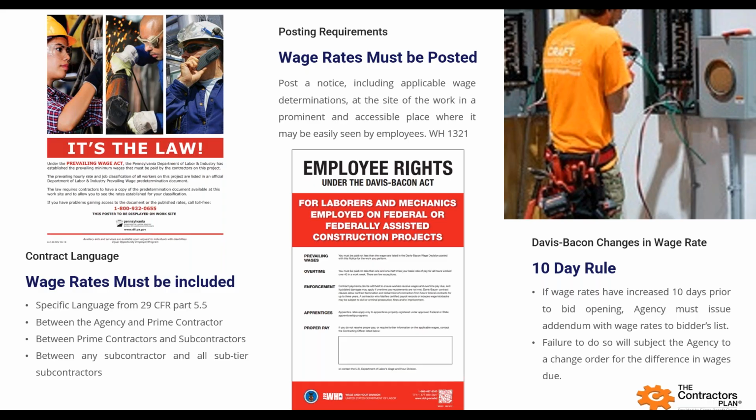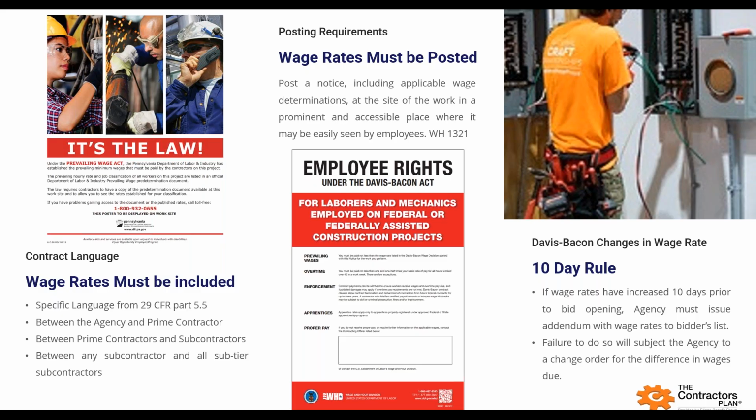And it has to be in the bid between the agency and the prime, between the prime and all subs, between all subs and sub-tier subcontractors. Meaning, even if you're the 5th level subcontractor, that wage determination and language must be in the bid. Technically, if that language isn't in the bid, you're due a change order. You can't have these rules and regulations be sprung on you, in other words.